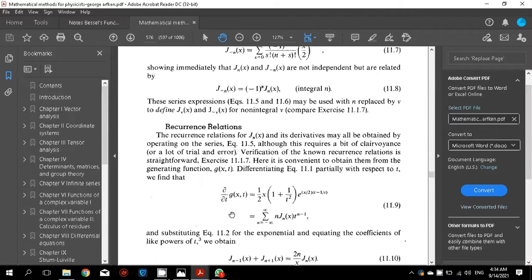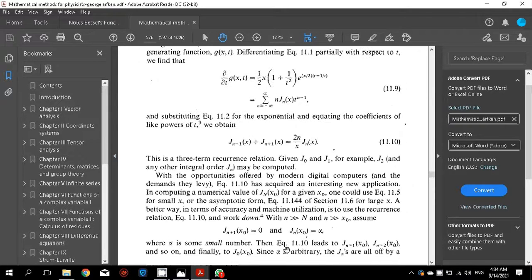What we do here is differentiate the generating function g(x,t) with respect to t partially and go through these steps, which are done in detail in my notes, and reach this expression, equation 11.10: J_{n-1}(x) plus J_{n+1}(x) is equal to 2n over x times J_n(x). You must go through all these steps in my notes, and if you have any query you can ask me.